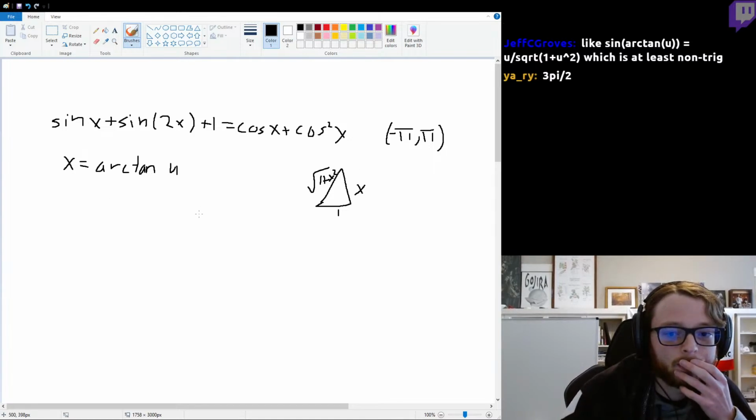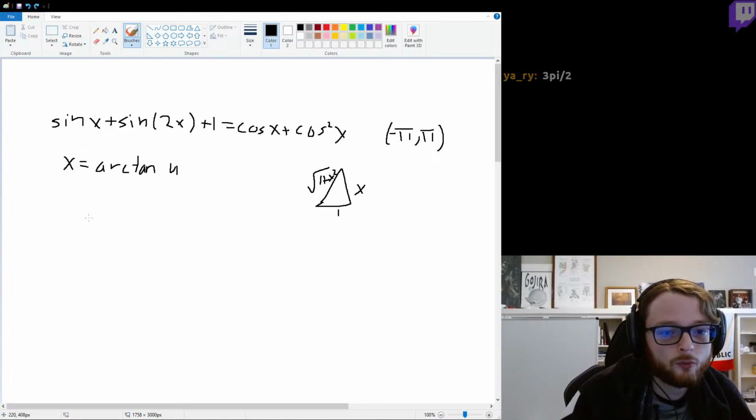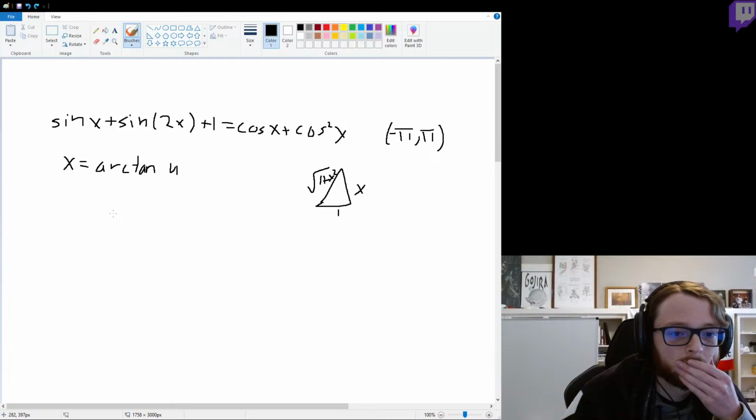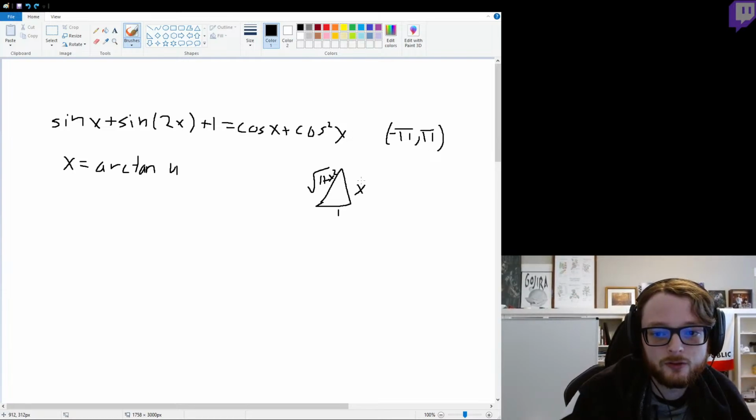So sine of that triangle is x over root 1, or I need to do u. Yeah, we end up with u's. It should be u's in this triangle. That's why I was getting mixed up.